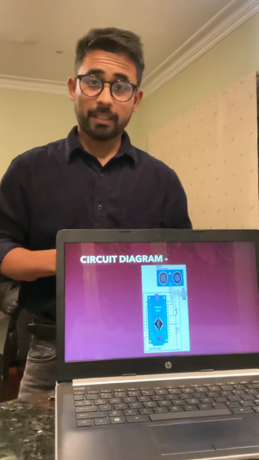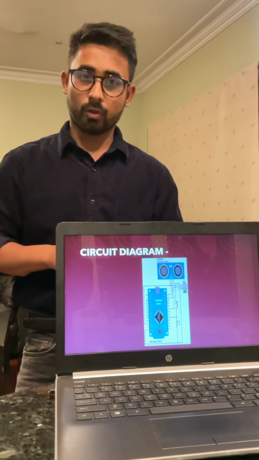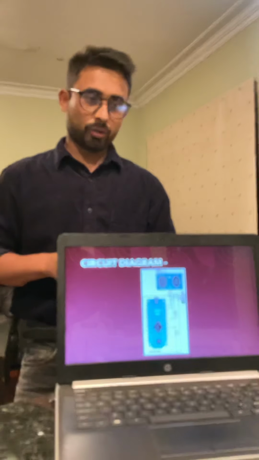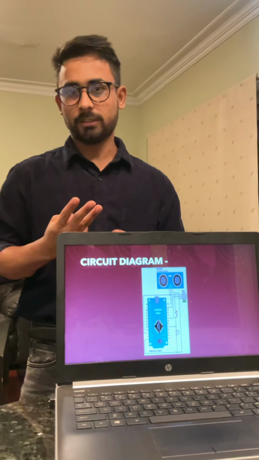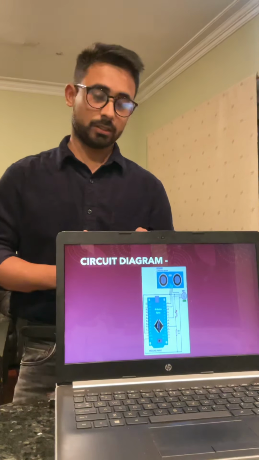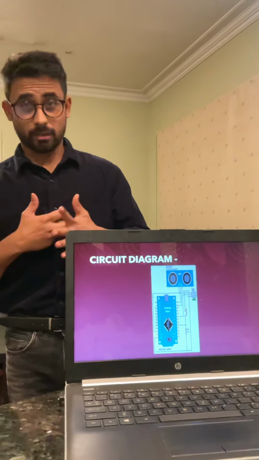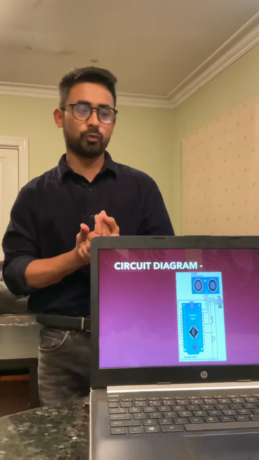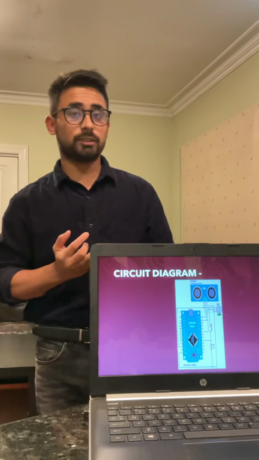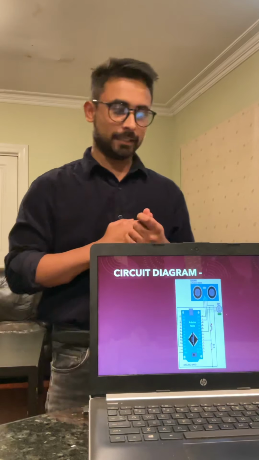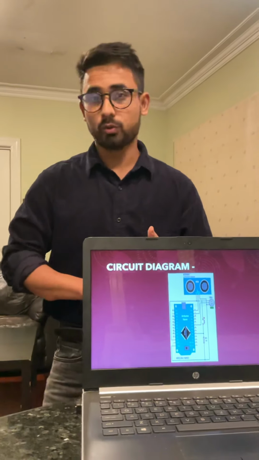Similarly, in the case of the servo motor, only 3 pins come out from it. The servo motor pin distribution is based on color: there is one orange pin, a red pin, and a black pin. The orange pin goes to the 5 volt power supply.